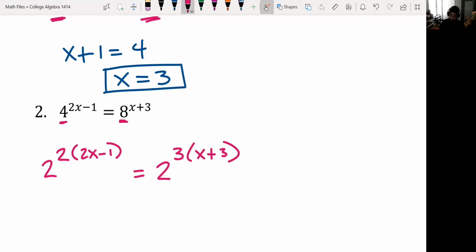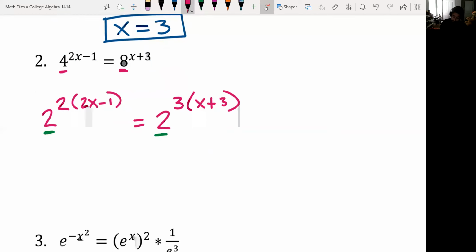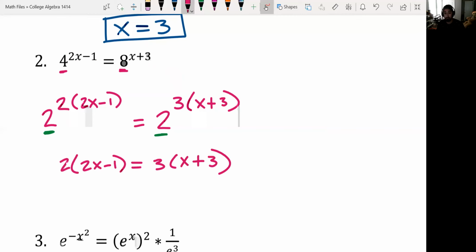Okay. And now, do we have the same base on both sides? Yes, we do. So this means you can set the exponents equal to each other and solve for x.